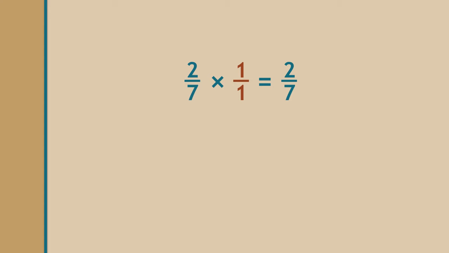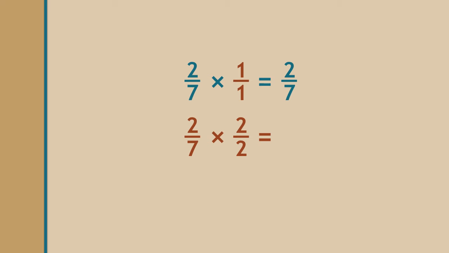Now let's take it a step further and let's talk about how we can use that identity property of multiplication to show a fraction in higher terms. That means it's going to be shown with numbers that are larger than the original fraction. Here's a good example. Let's look at 2/7 again, but in this case we are going to use 2 over 2 as our number 1 instead of 1 over 1. Remember that 2 over 2 is still equal to 1.